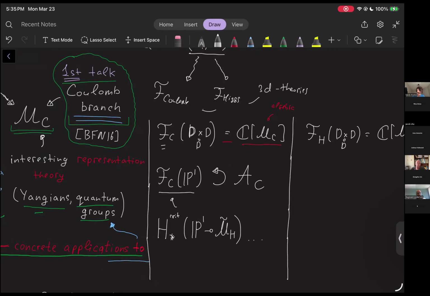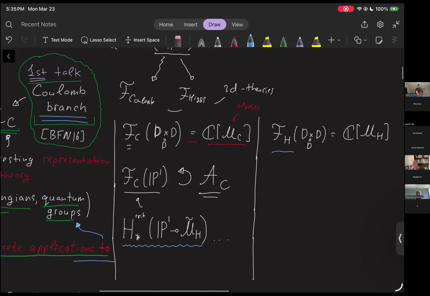We will discuss some representation theory of this algebra, and the representations we will be getting are of this sort. You should think about them, very, very vaguely, as values of this theory on some different manifolds. But I will never consider this theory directly. So that's about one twist, the one which has functions on the Coulomb branch as its value on this Riviola space.